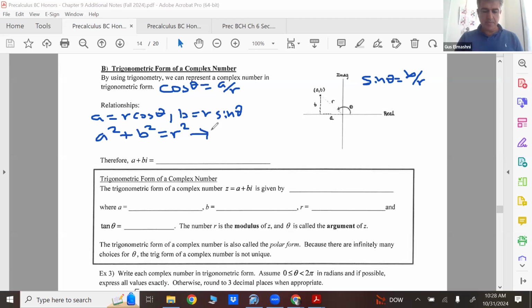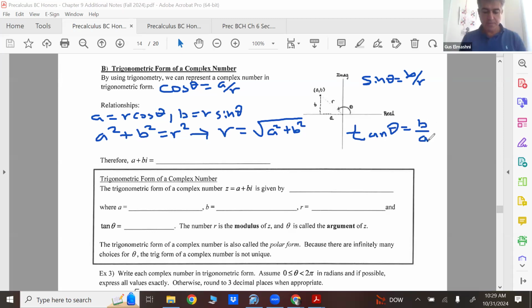So if I think about it, r is the square root of a squared plus b squared. And also, isn't tan theta going to equal b over a?